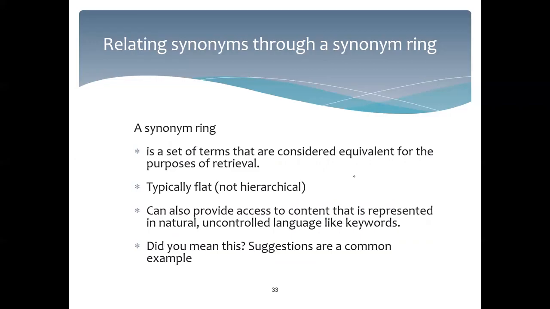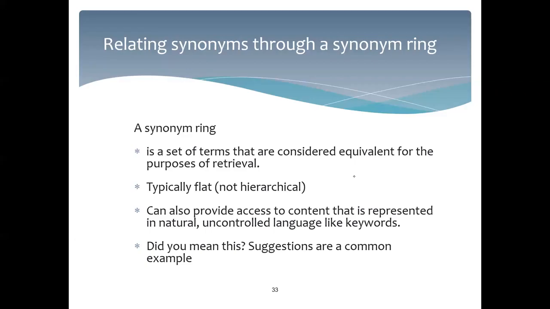A synonym ring is typically a flat structure. It's not hierarchical of itself. And it can also be a way to provide access to content that is uncontrolled things like keywords too. This can also be where you see, when you're searching, you'll sometimes see, did you mean this?